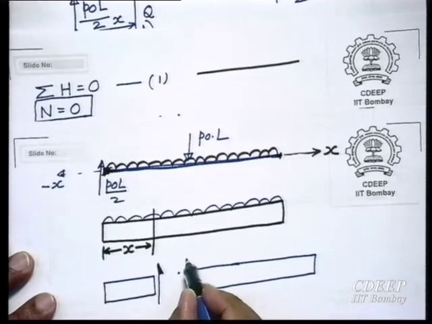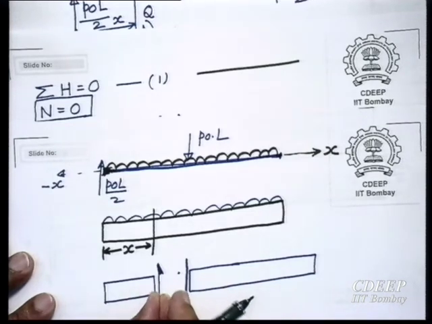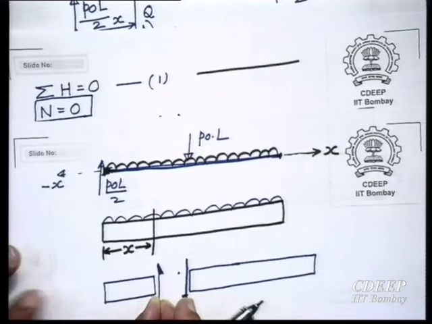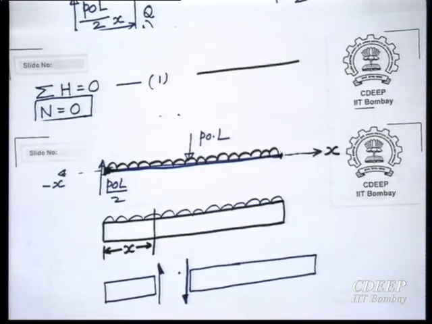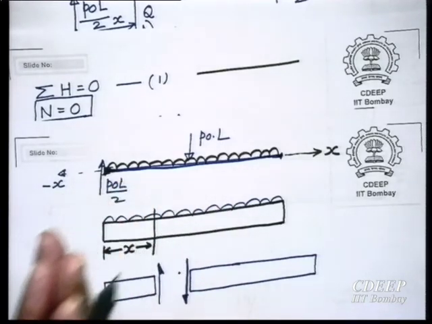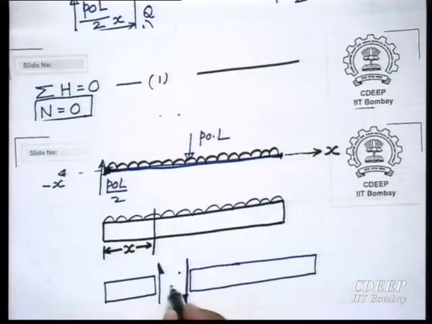What is a positive shear force here? Downwards. When you bring them together, then they nullify each other. When you join the members, it becomes one, and Newton's third law says they must be equal and opposite when they are separated, but when you join them together, they will nullify. So, when you bring them together, this is positive.